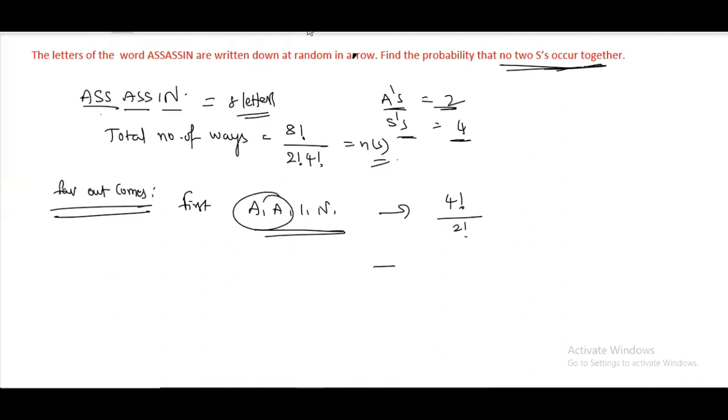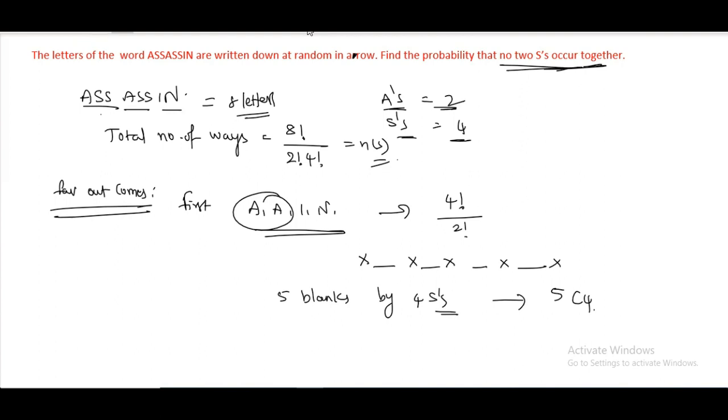So we have arranged these 4 letters. Among these 4 letters, we have 5 blanks: 1, 2, 3, 4, 5. These 5 blanks, we choose 4 of them, so we can arrange in 5C4 ways.